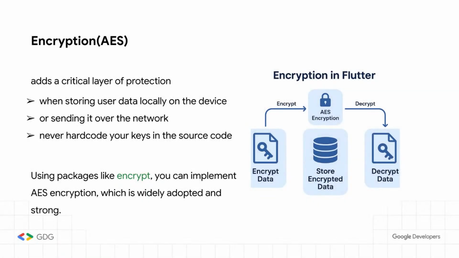So this adds a critical layer of protection, because obviously with the encrypted objects there is not much that you can do. When storing the data locally on the device, this is what we should be doing. I said previously that it is important to understand what needs to go in secure storage and what needs to go in shared preference.